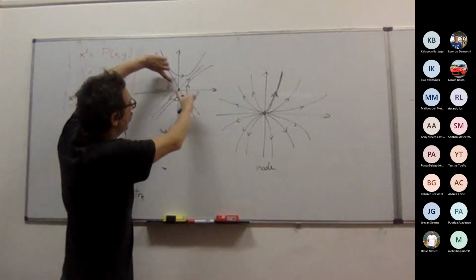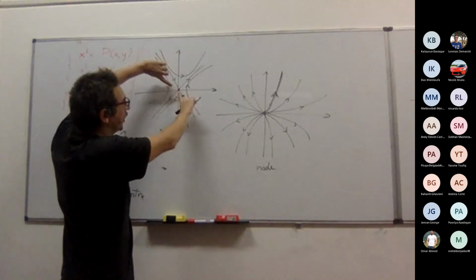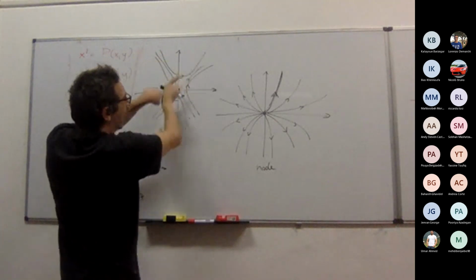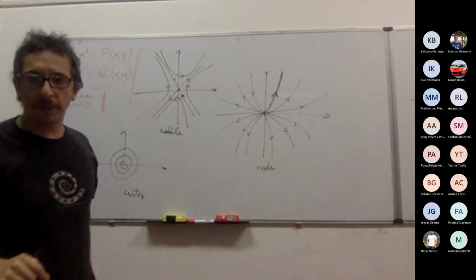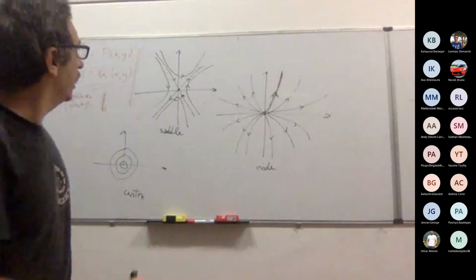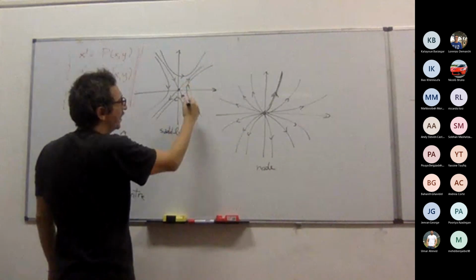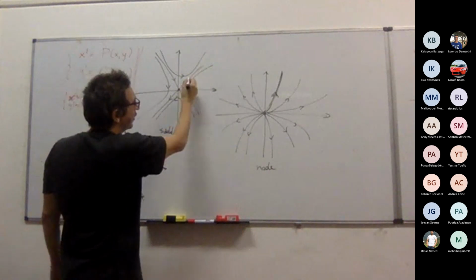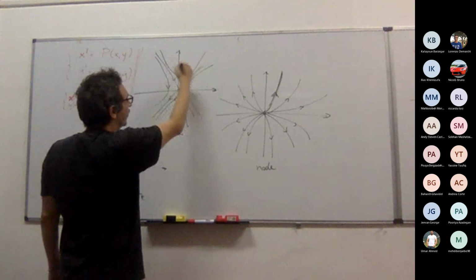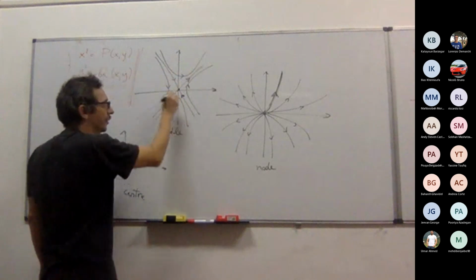So these two lines here are approaching the critical point, and these other two are instead departing from the critical point. And then I have these other orbits with the arrows, which are basically following the arrows of these two, of these two, of these two, and of these two.